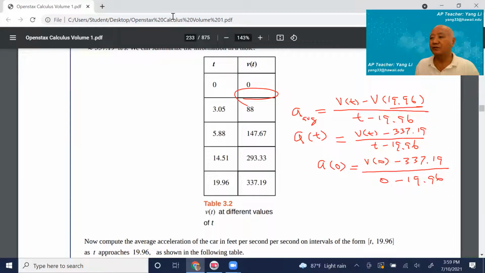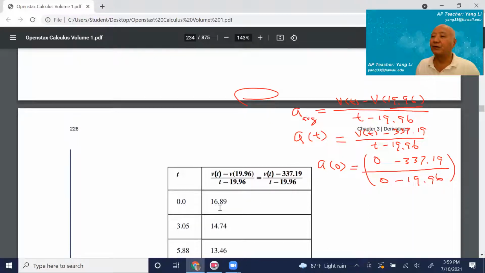So we can simply do the calculation, putting 0 here. You will get the acceleration here, 19.89. All right, so that's the way we do this one.